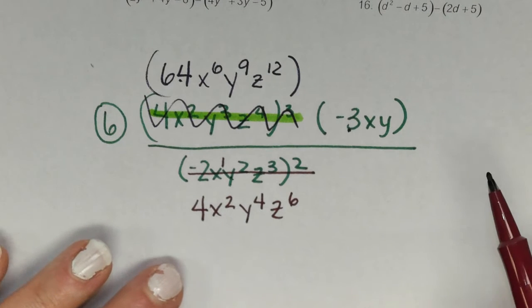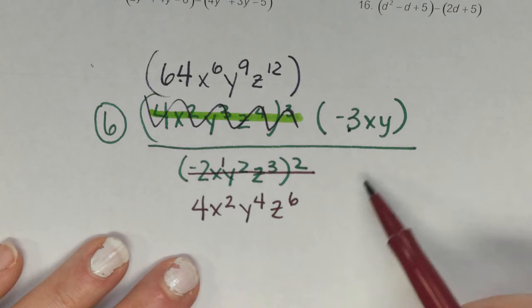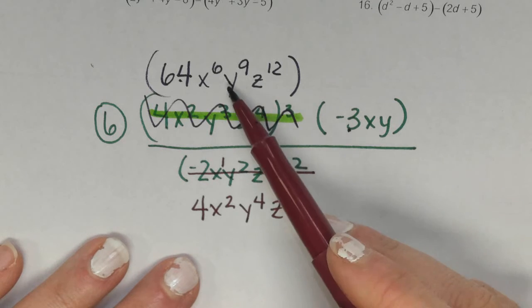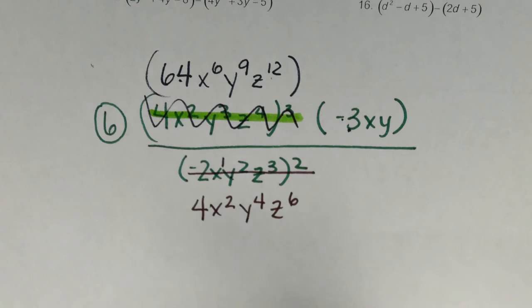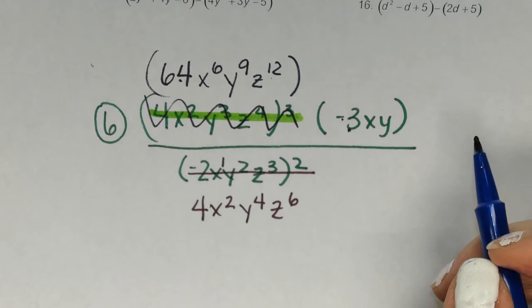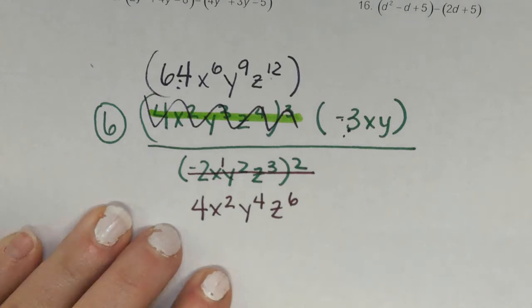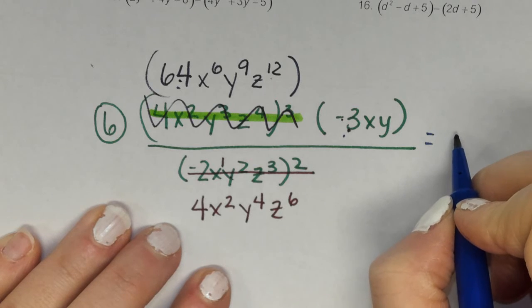Okay, so now we're left with this. This is what we have all simplified. Now we're going to multiply this times this on the top. 64 times negative 3. Numbers follow the regular number rules.